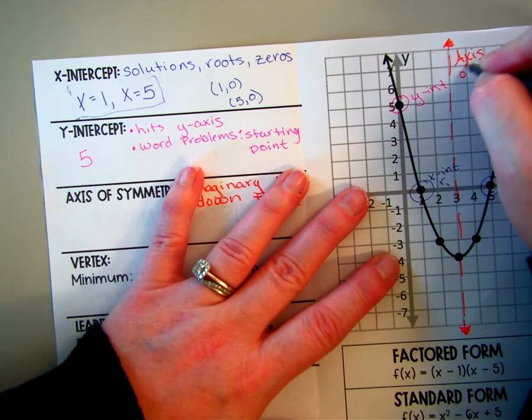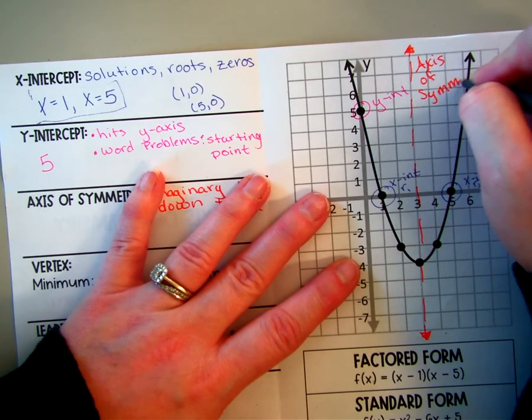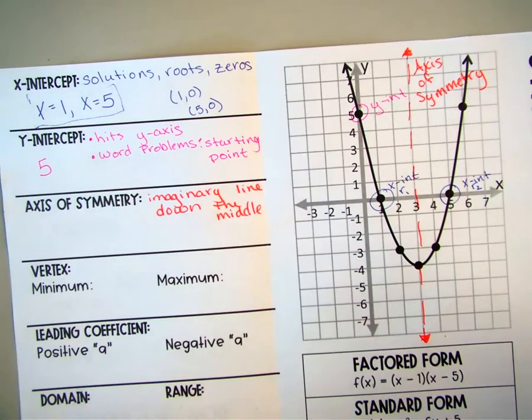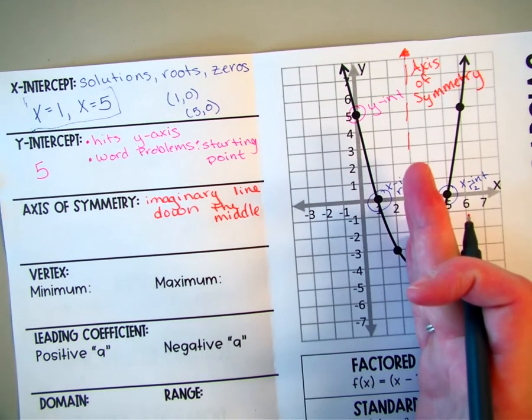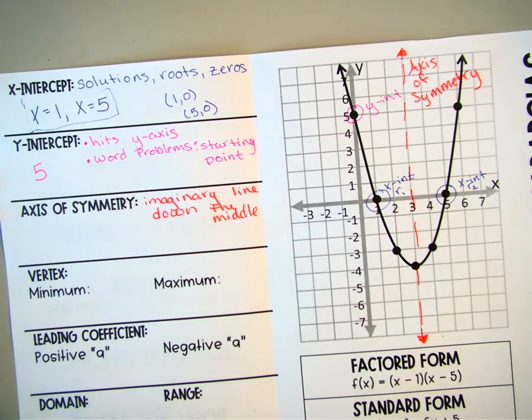Axis of symmetry. And what that does is it breaks our parabola in half. If you remember the definition of symmetry, it means that it's identical on both sides. So that axis of symmetry, if we were to fold our piece of paper on this line, our parabola is identical on either side. It's mirror images of each other.